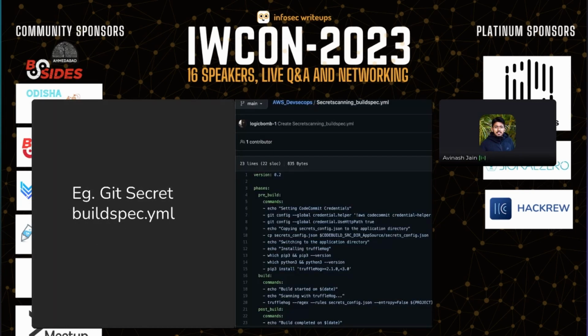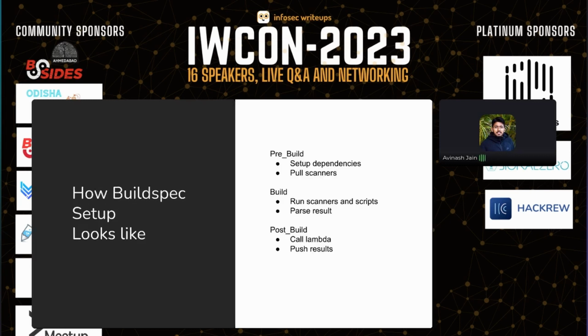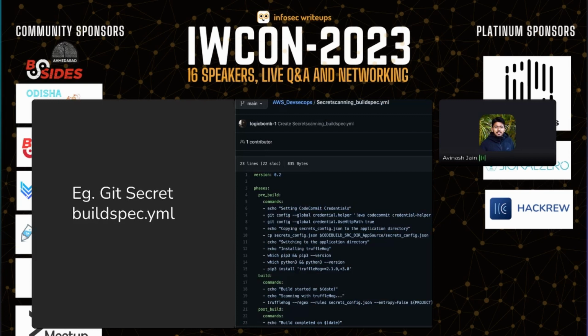So this is how a typical build spec file looks like. As we mentioned in the last slide, it consists of three components: pre-build, build, and post-build. Here, if you see the pre-build, I have actually set up the tool. It is an example of git-secrets, which basically scans your Git repositories for sensitive credentials using Truffle Hog.